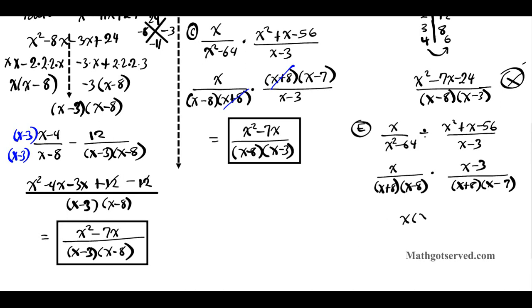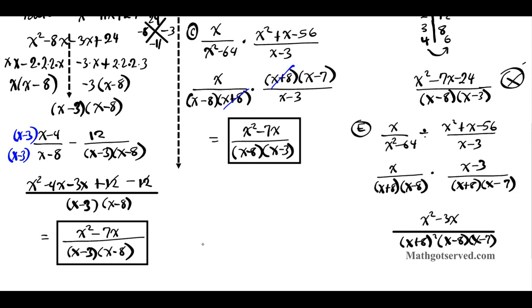Oh, let's just expand it. When we expand it, we're going to have x squared minus 3x divided by x plus 8 squared times x minus 8 times x minus 7. And this doesn't match the other two, so this is not an answer also.